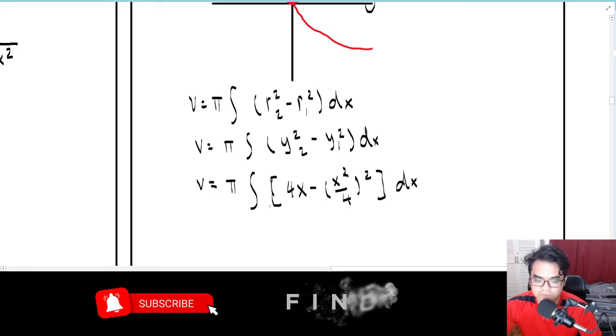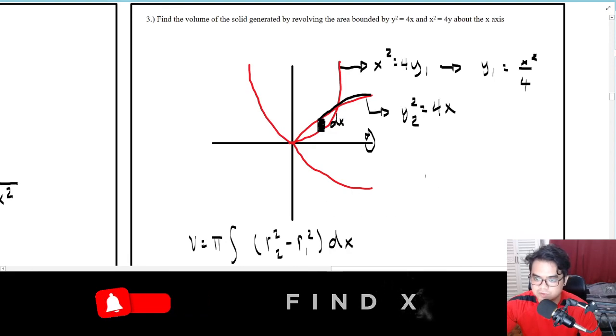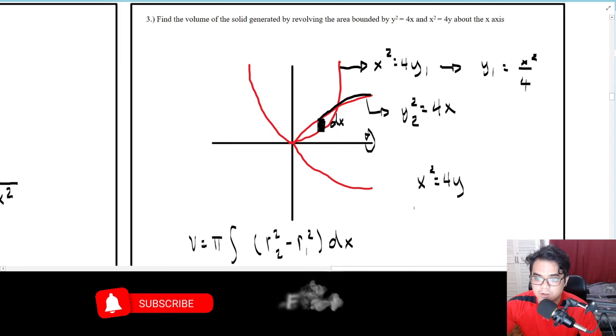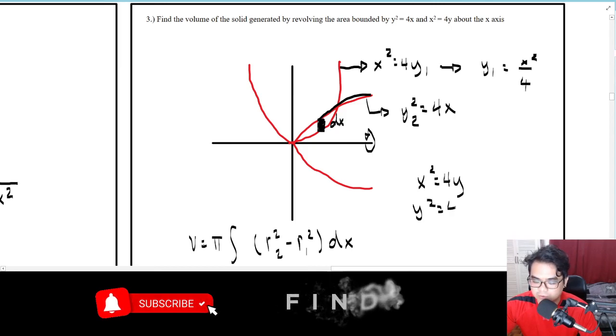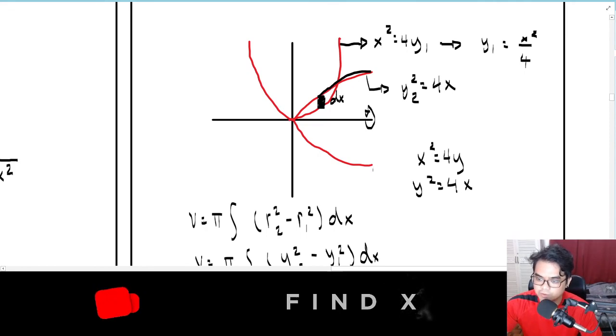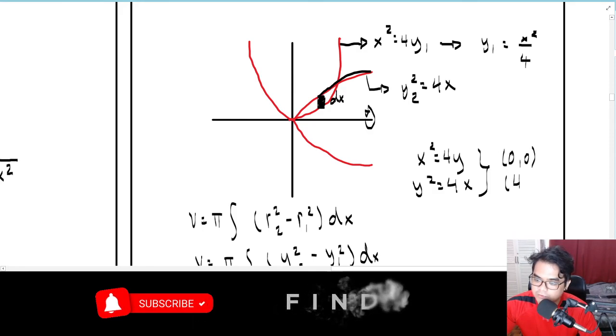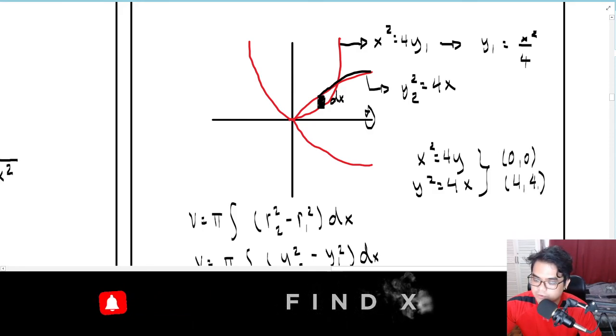But we still have the limits. For the limits, we have two equations, which are x squared equal to 4y and y squared equal to 4x. All you have to do is equate those two and get the intersection. If you get the intersection, you'll get 0 and 4.